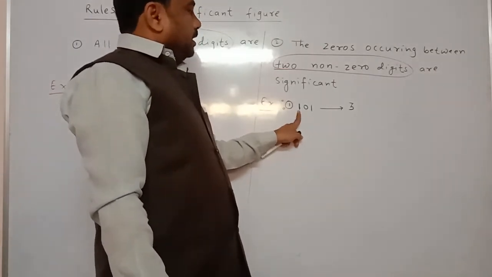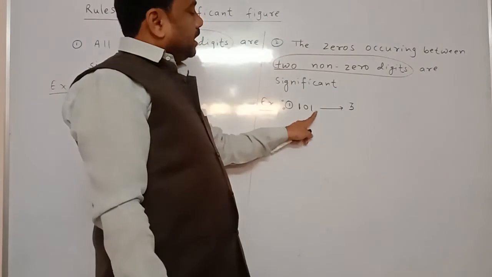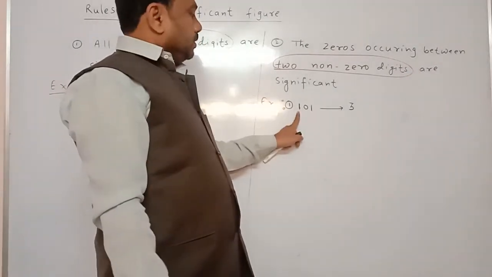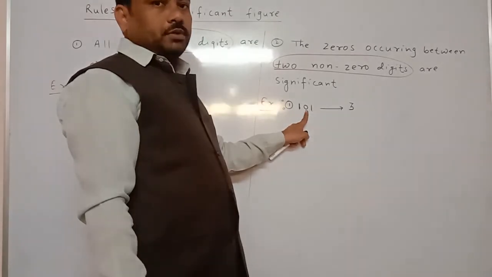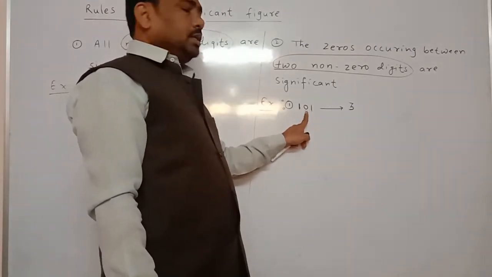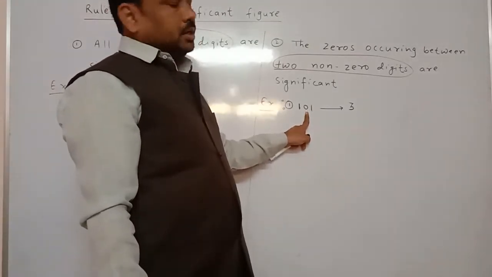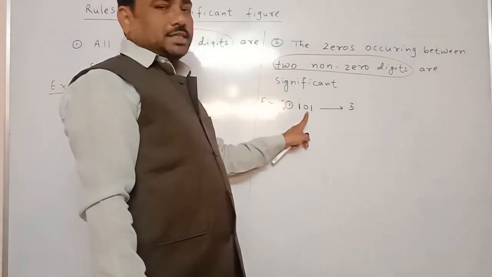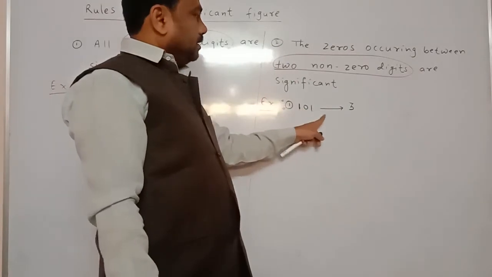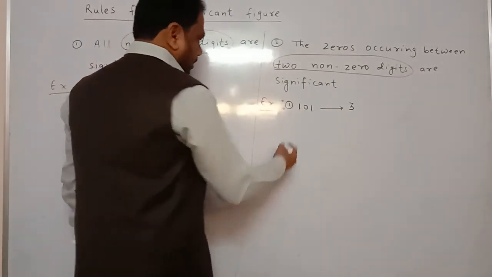On the left side there is 1 and on the right side there is also 1. So in between this 1 and 1 there is a 0. So therefore you have to count that 0 as significant. Including this 0, how many digits are there? 1, 2, 3. Therefore the significant figure is 3.